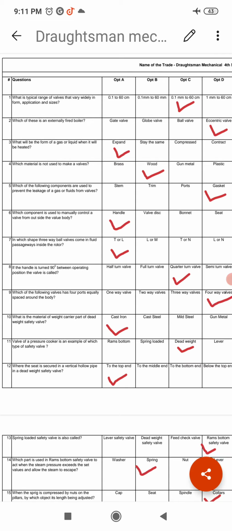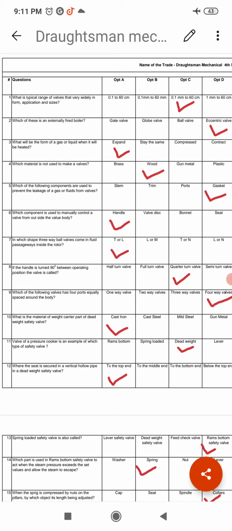Next, which component is used to manually control a valve from outside the valve body? Option A, handle. Next question, in which shape of three-way ball valves does the fluid pass inside the rotor?